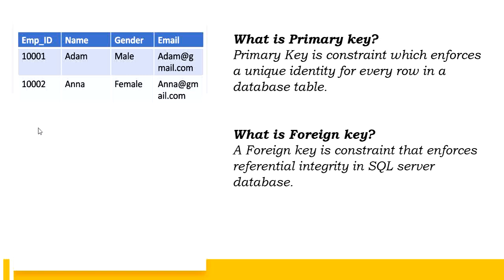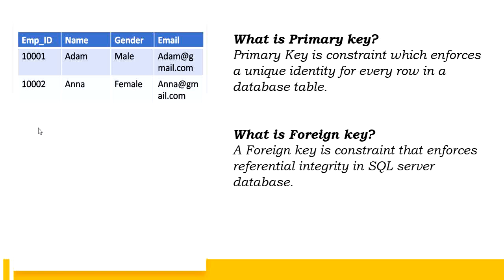This is one table which consists of the information saying that Adam is a person, male, and all his details are stored. Suppose you have a lot of records. For an example, we have taken only two records, but in real time it can consist of hundreds and thousands of lakhs of records.